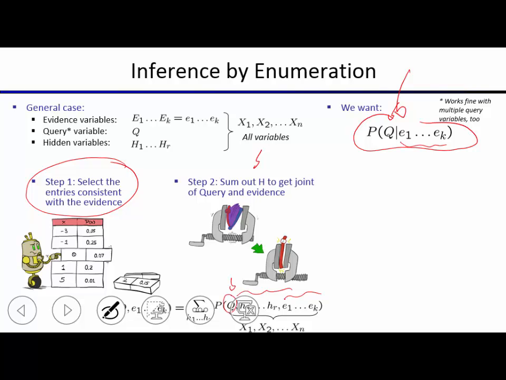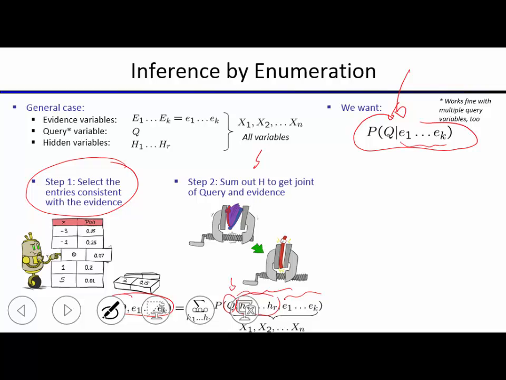The query values, we want to retain everything, but then the hidden variables, h1 through hr, they could take on a variety of values. We know that we don't care what they are, so we sum over their possible instantiations, and we get now a new table that doesn't have them anymore, with one entry for each possible value of q. We'll see some examples on the next slide. Now we have a table P(q, e1 through ek). This table is of the type we like, but in general, the entries will not sum to 1.